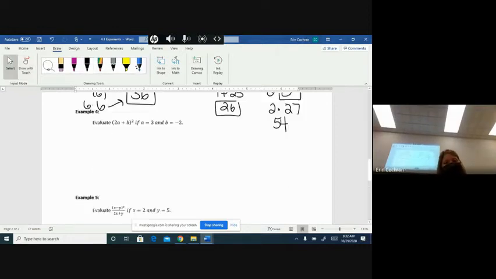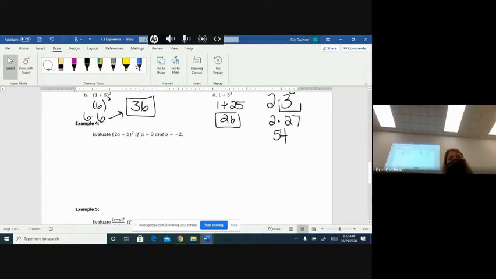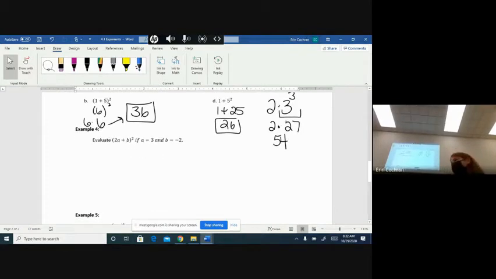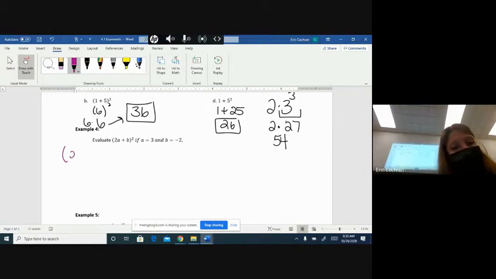All right. Evaluate. What does evaluate mean? Solve. Mainly plug in and simplify it, right? All right. Now, when I see 2a, what does 2a mean? 2 times a. So I'm going to take 2 times whatever a is. And what's my a? 3. Plus my b, which is -2.